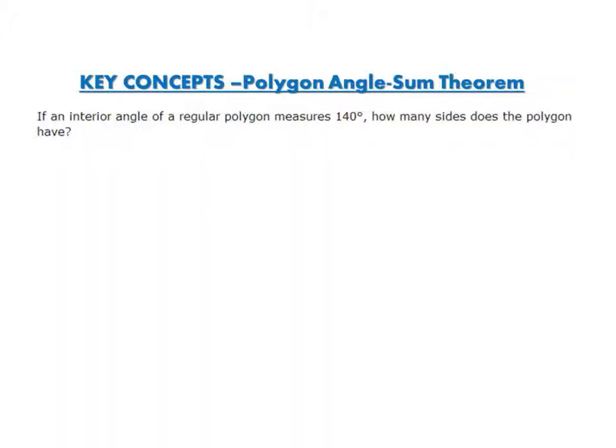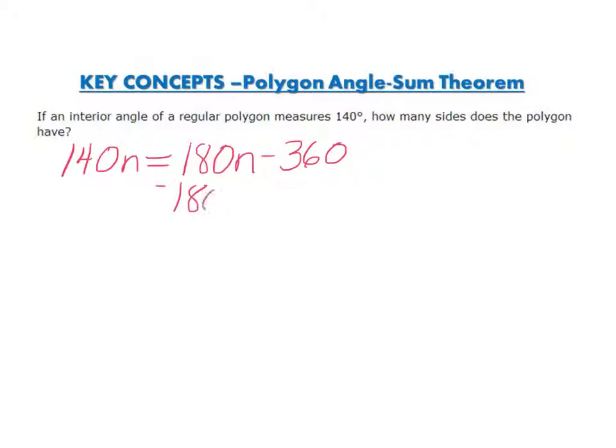So let's take a look at how to do one of these. Mine says if an interior angle measures 140 degrees, how many sides does it have? So I'm going to start here on the left and have 140n equals, remember I said that the right-hand side would always be 180n minus 360. So I'm going to subtract 180n from both sides.